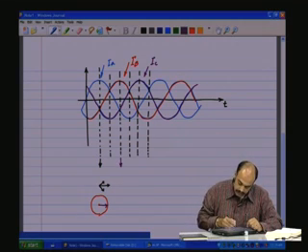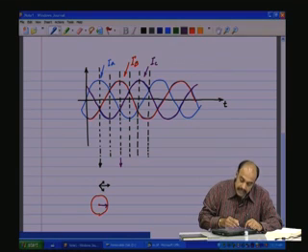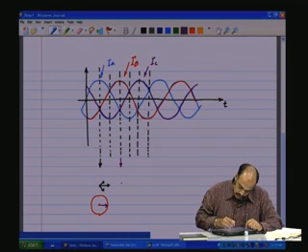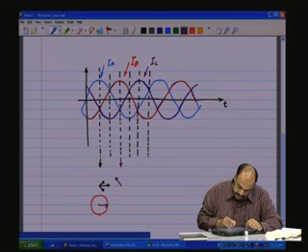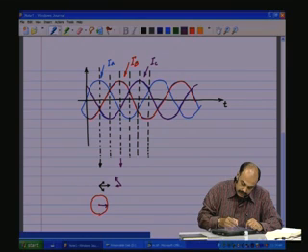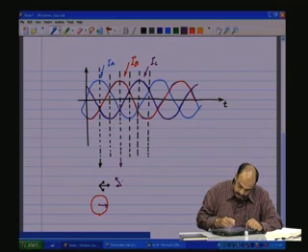Here you have B as maximum positive, so I will put it as maximum positive here. A is negative half, and you also have C which is negative half.